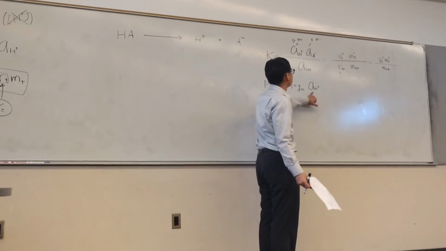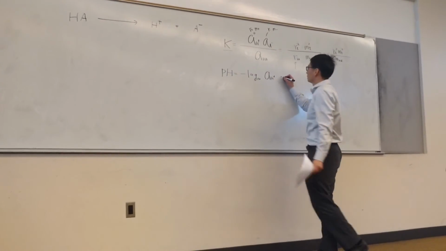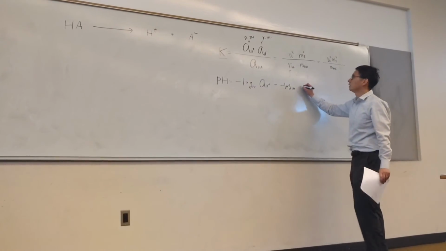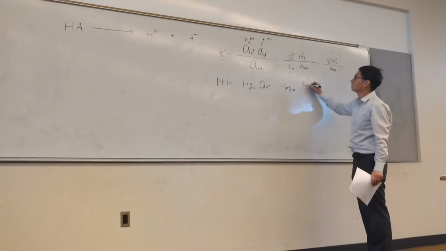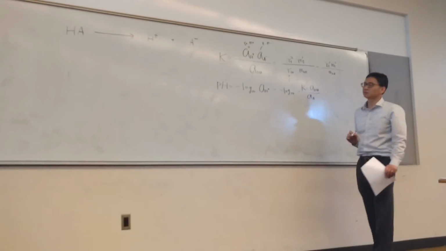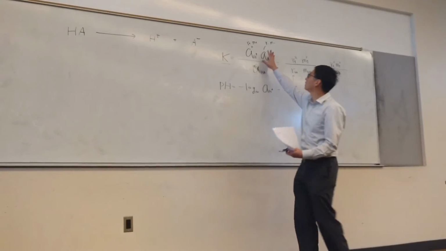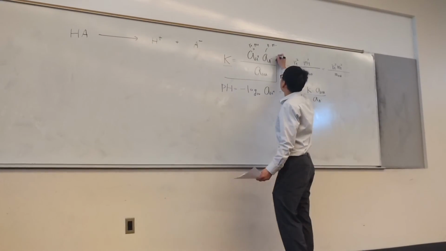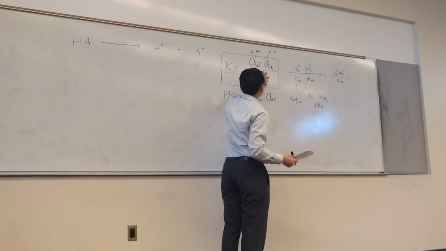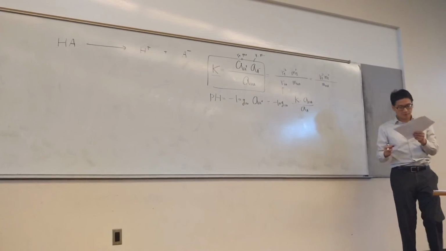So a H, use this concept: a H will be equal to your equilibrium constant times your a HA divided by your a A minus. So what I do is actually just rearrange this equation. So a H is going to be equal to K times a HA divided by a A minus, which is this guy.